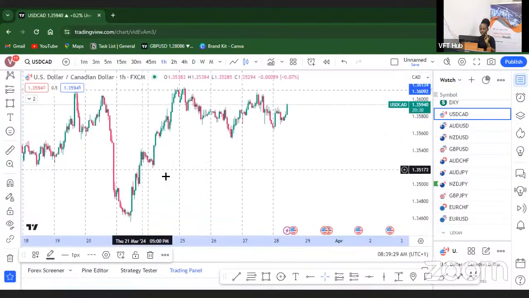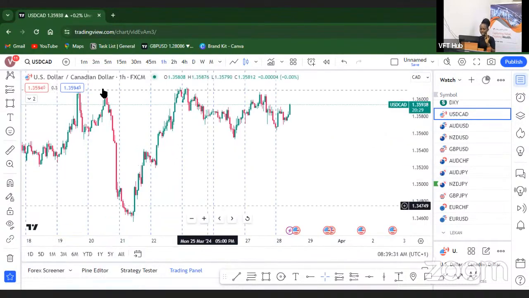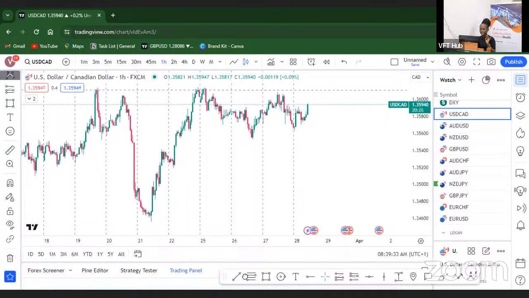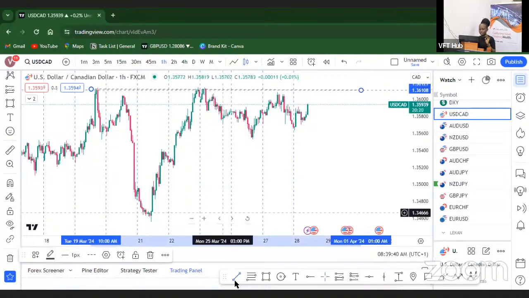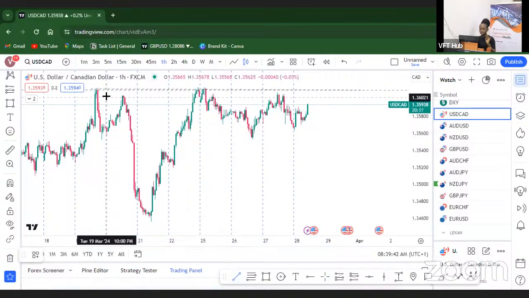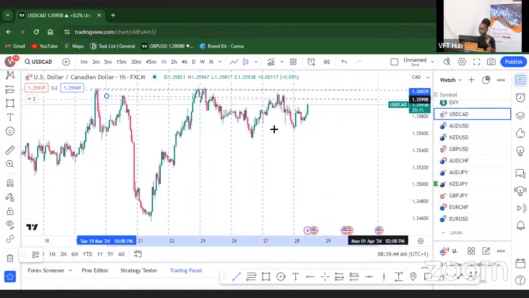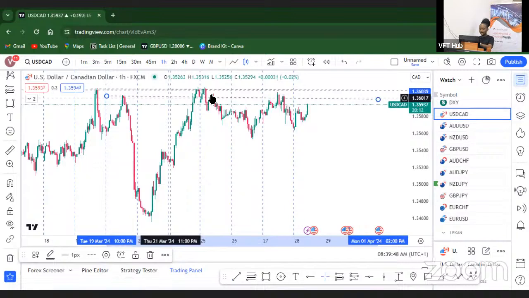We used basic market structure to enter this trade. And you can see how we tapped into it sweetly, right? This was our sweep that we marked up. And this was the other BMS, which we marked up right here, right? And we entered, the sell would have triggered from here. For me, the sell triggered around this level, the moment it tapped into this, right?